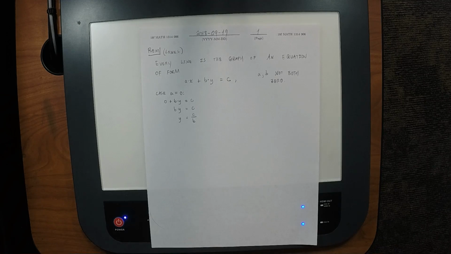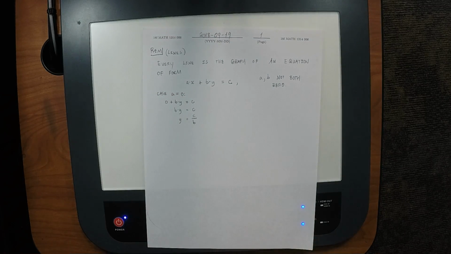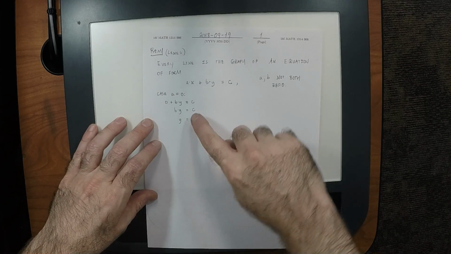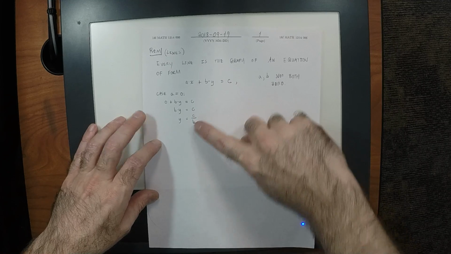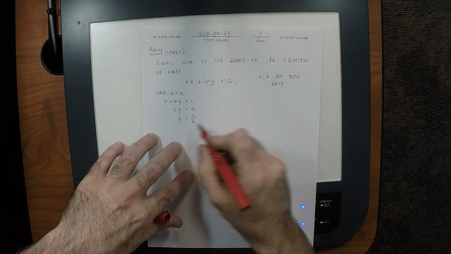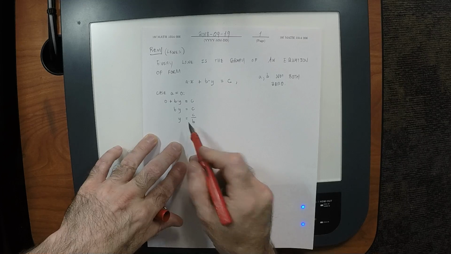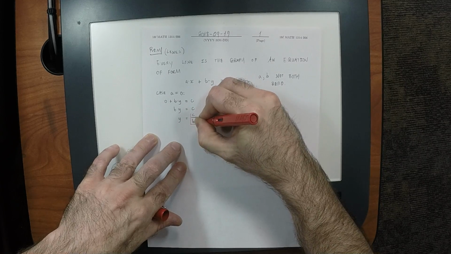Usually you consider a letter to be a variable, but it's not. Since c is a constant and b is a constant, c over b is a constant. So what I want you to observe is that when a is 0, this equation is of the form y equal a constant.